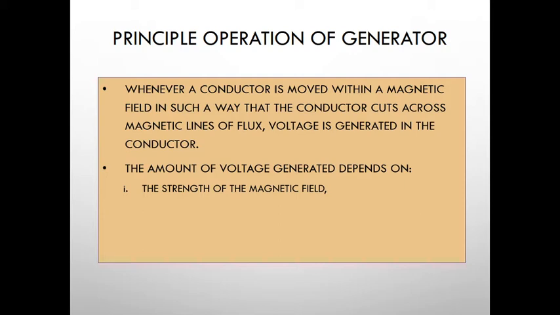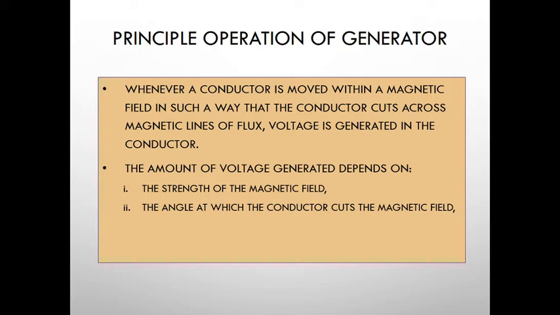If the magnetic field is strong, meaning there are lots of magnetic lines of flux, therefore if the wire or the loop of wire is moving or rotating, the tendency is that you cut many lines of flux. The second one is the angle at which the conductor cuts the magnetic field.